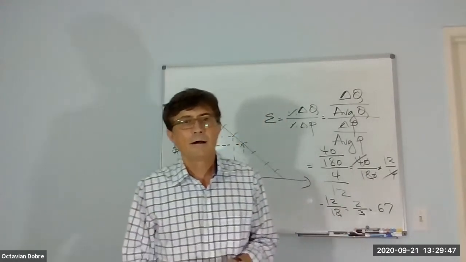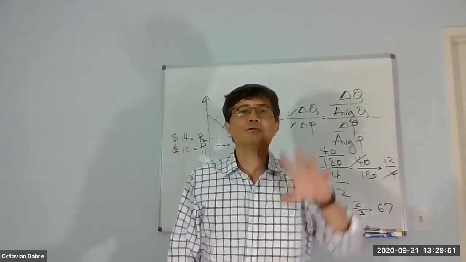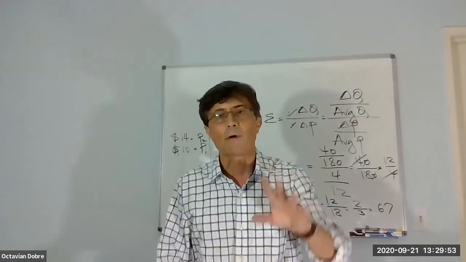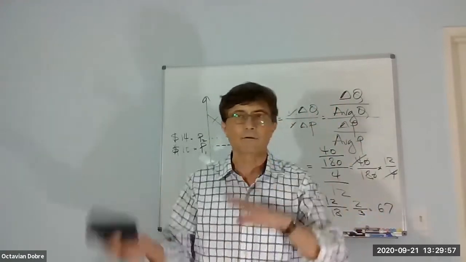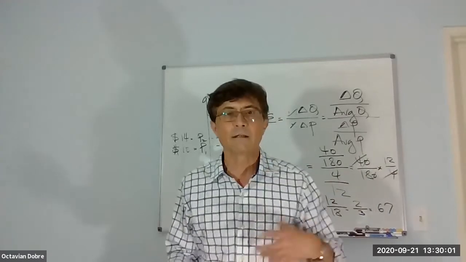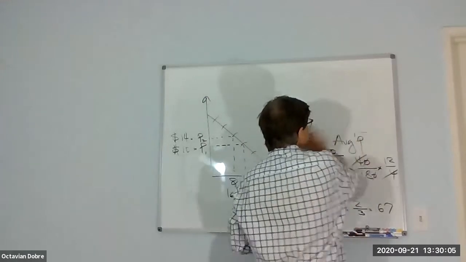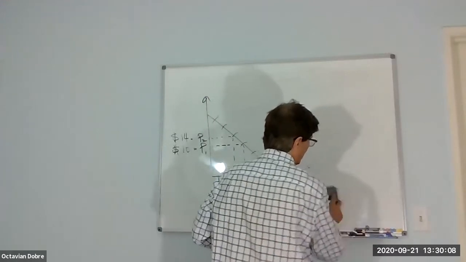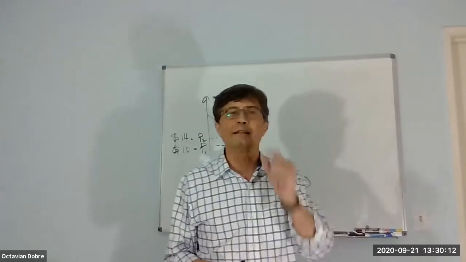But in general, I don't like people memorizing, well, if the price goes up and total revenue goes up, is it elastic or inelastic. It's very easy to make yourself a table and just think this way. The most logical one is this.